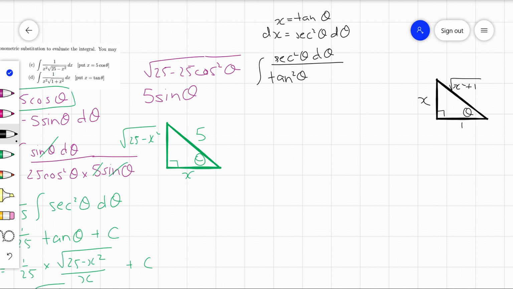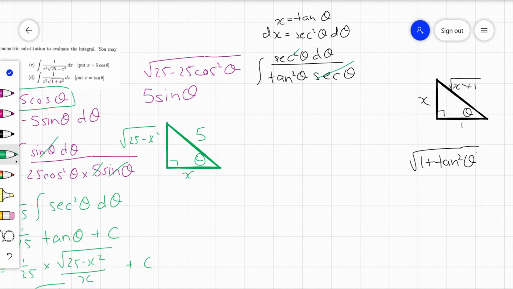We know that 1 plus tan squared is sec squared, so the square root of that will be just sec theta. One of the sec thetas cancels there, so we have sec theta on tan squared.